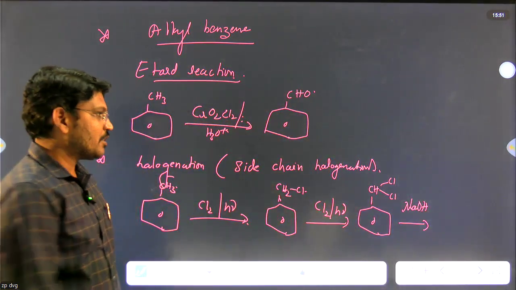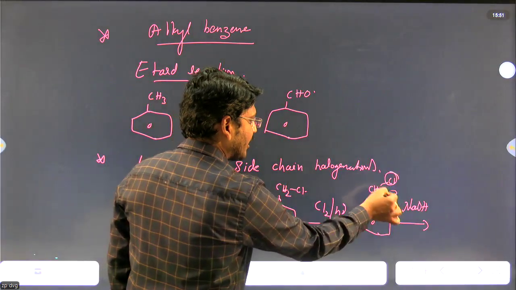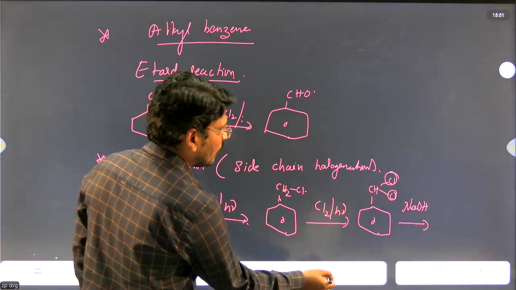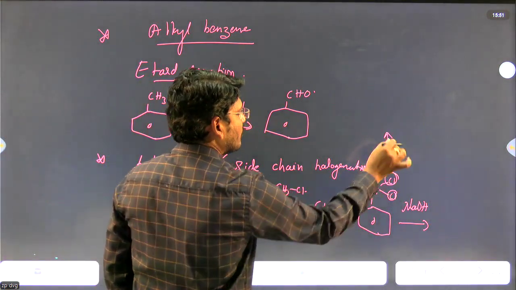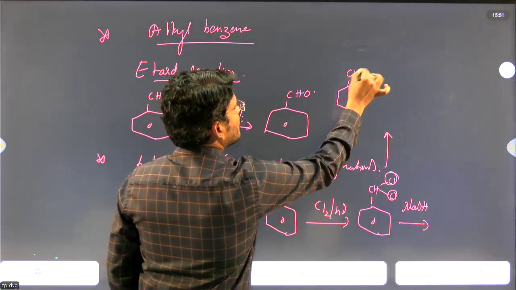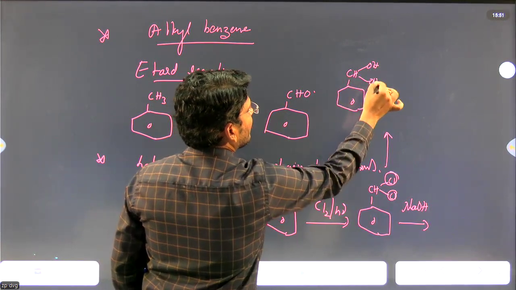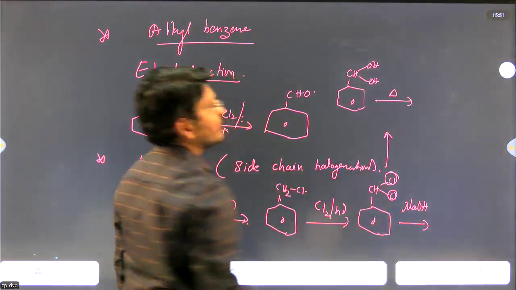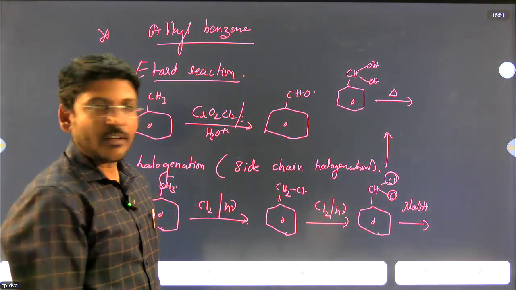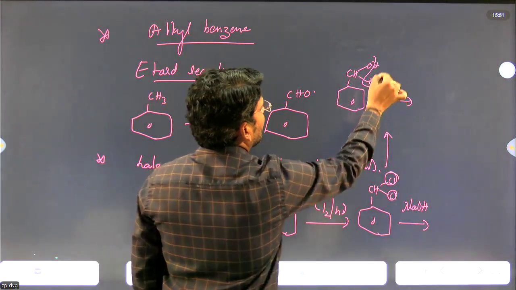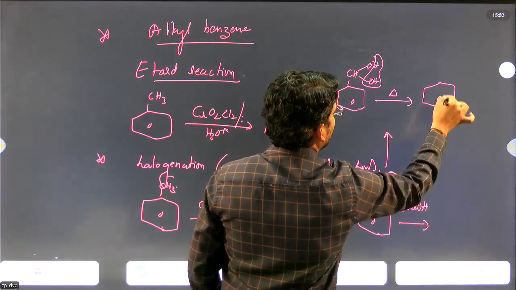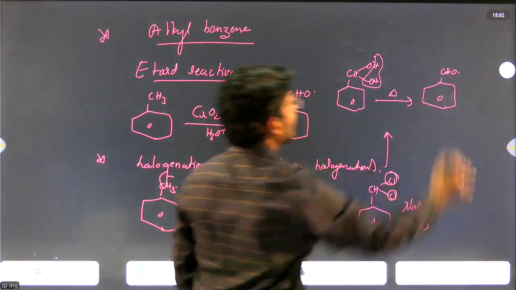With excess NaOH, these two Cl are completely removed by OH groups. So I am mentioning here, observe. After reacting with OH groups, it contains CH, with one OH here and one OH here. Then if we heat it, we already know that a single carbon containing two OH groups is highly unstable. That's why it undergoes dehydration, removal of a water molecule takes place. So finally we get CHO, benzaldehyde.